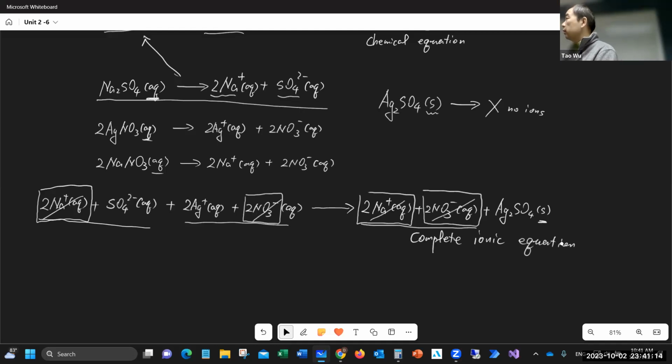Those ions just randomly go around. That's why we call those ions spectator ions. Here we have 2 moles of sodium ions and 2 moles of nitrate ions. That's called a spectator ion.